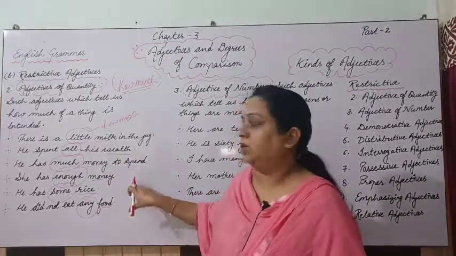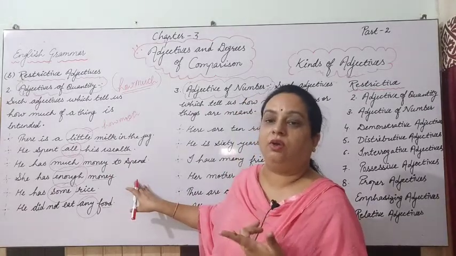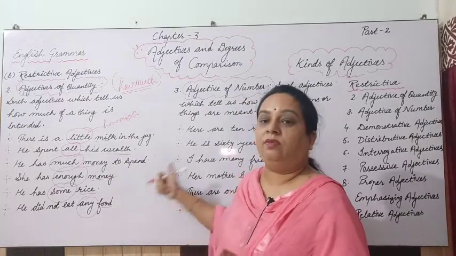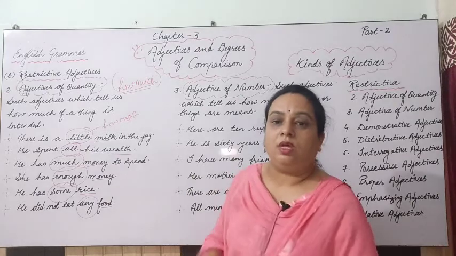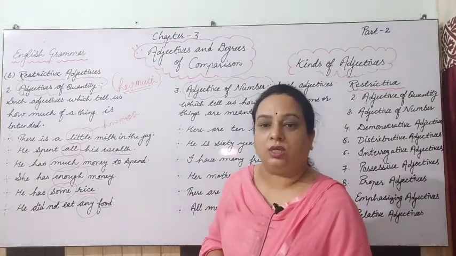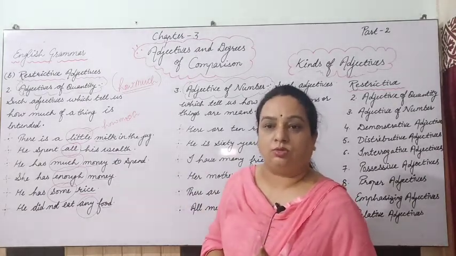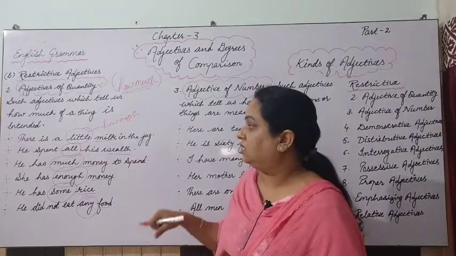So this is an adjective of quantity. But when we talk about adjective of number, the nouns we use are countable nouns. So this is the difference.